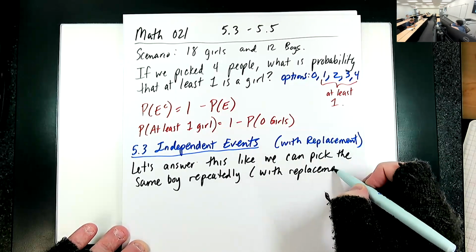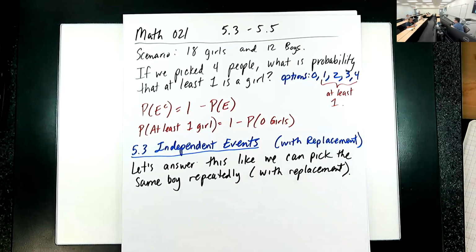After we draw them, we're sending them back out into the room, the audience, we're putting your name back in the hat. When we do this, these are called independent events.